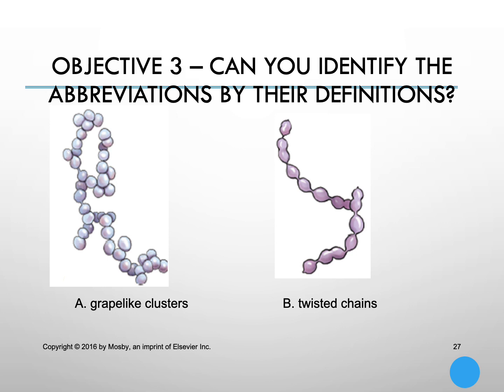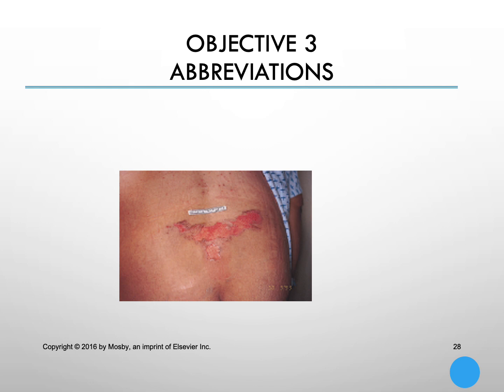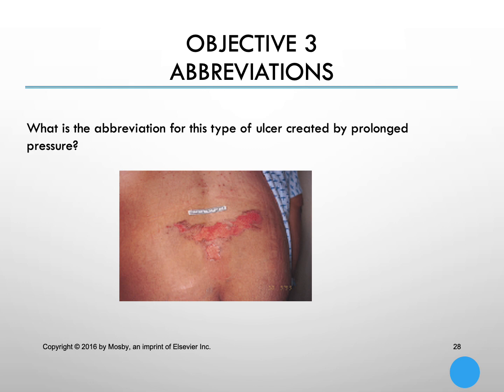If you said streptococcus, you would be absolutely right. Staph and strep. All right, what about this guy? What is the abbreviation for this type of ulcer created by prolonged pressure? Do you remember? If you said decube, you would be absolutely right.